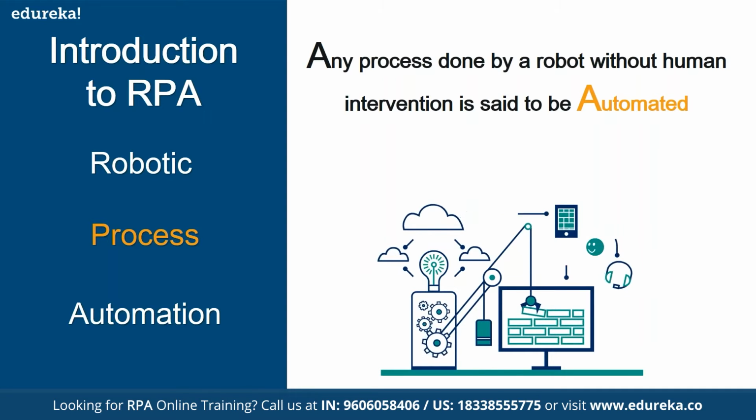Simple, right? Previously that business process used to be performed by a human, with multiple activities here and there. Now the robot is performing that action, so it is called automation, without human intervention.